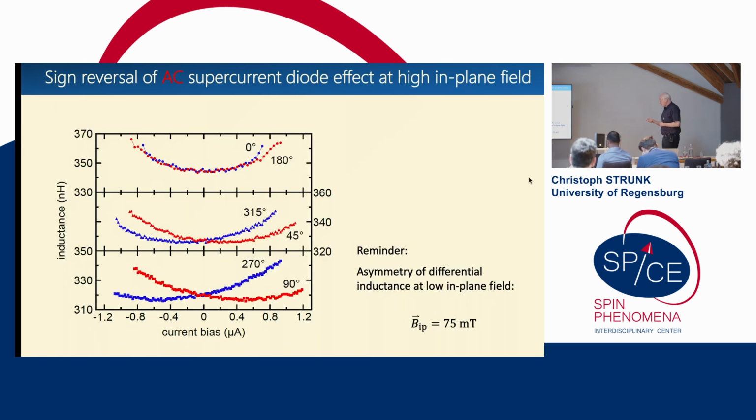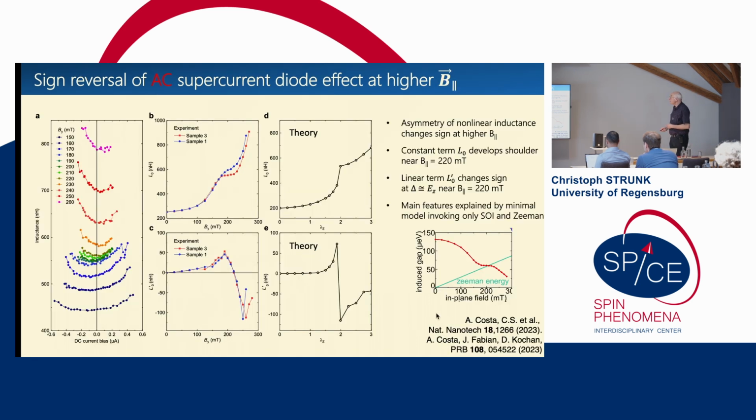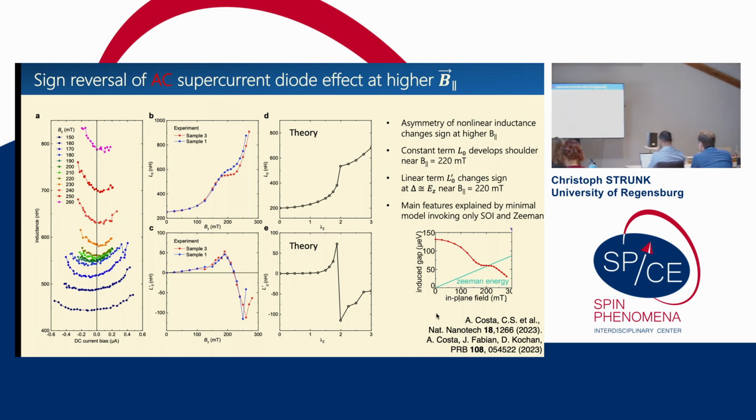So let me now return to these inductance measurements. So far, we have worked at relatively low in-plane magnetic fields, 75 millitesla. Now we want to see what happens if we increase this field. So if we do that, we look at our nonlinear inductors again.